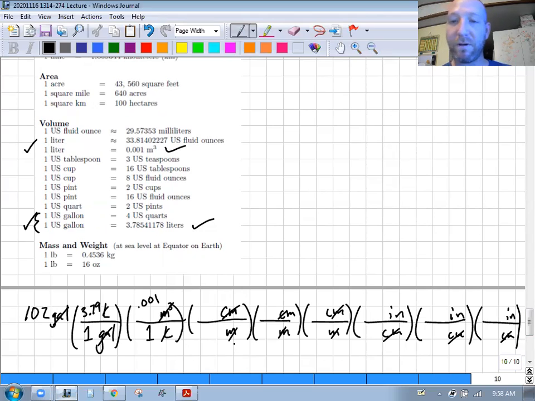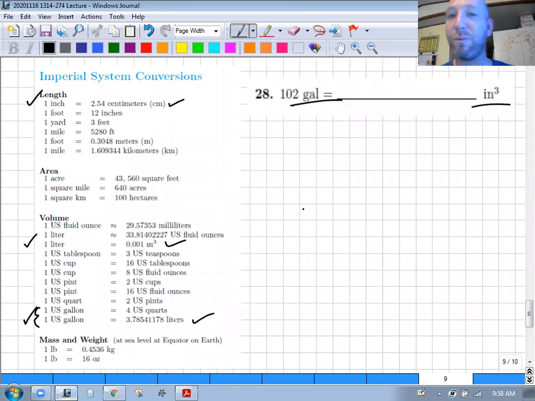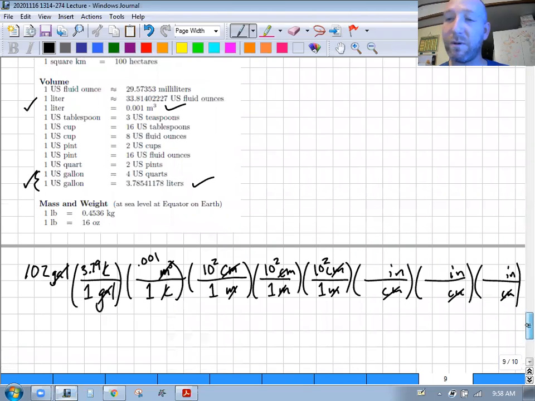And I know 1 meter is 10 squared centimeters. Now, 1 inch is 2.54 centimeters.